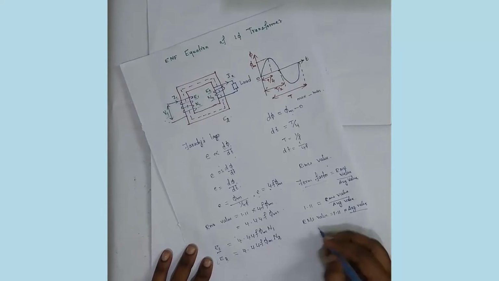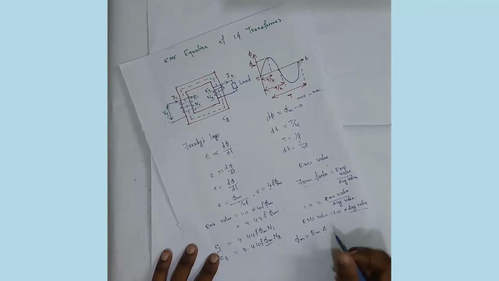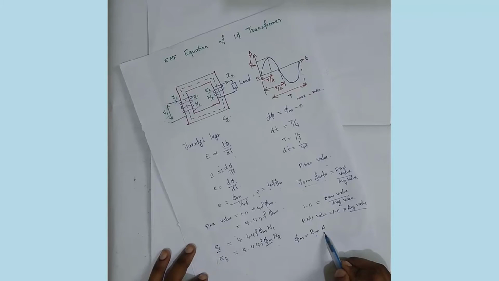Now we have the formula for maximum flux: phi m is equal to Bm into A, where Bm is the maximum flux density and A is the cross-sectional area.